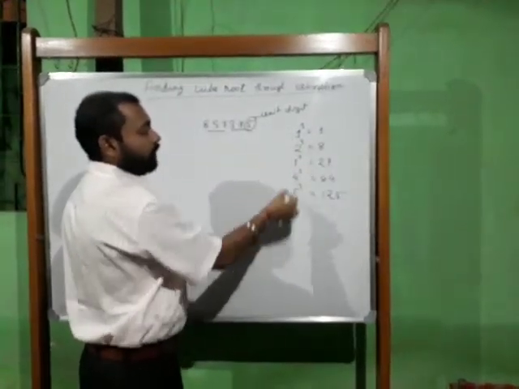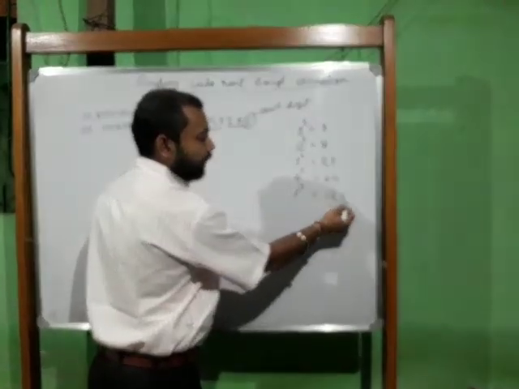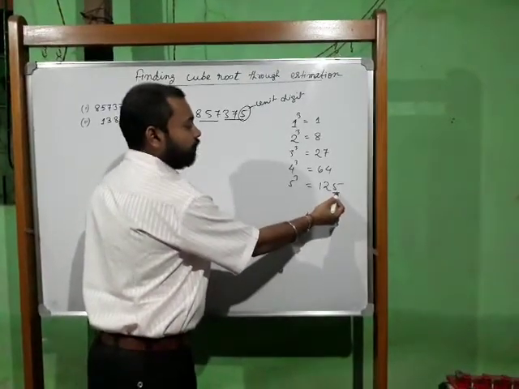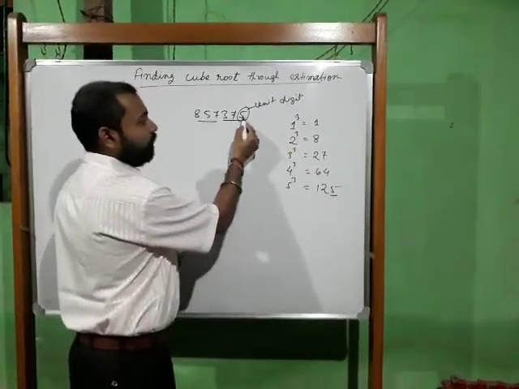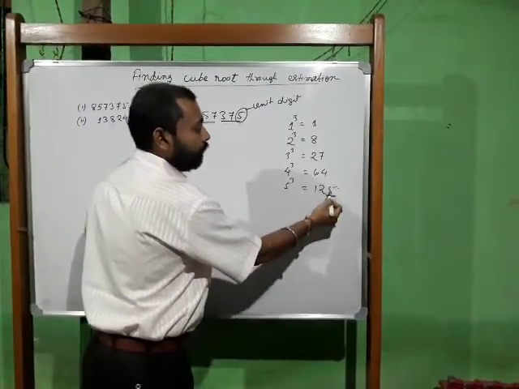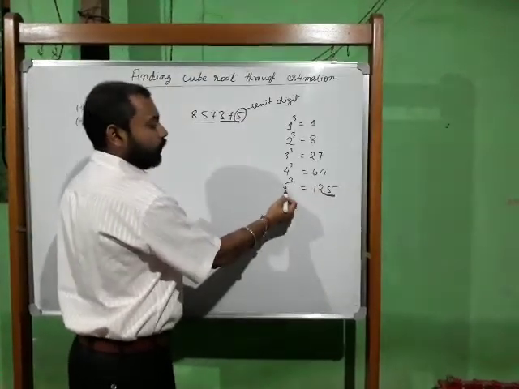Among the cubes of natural numbers, only in 5 cube will you get 5 at the unit place.